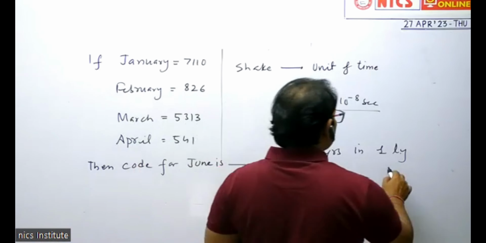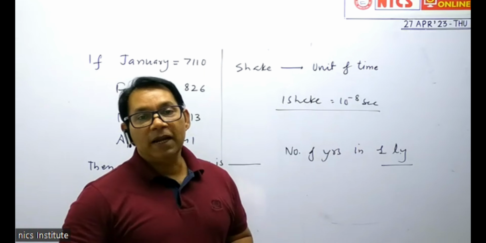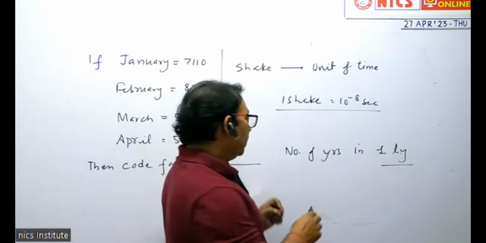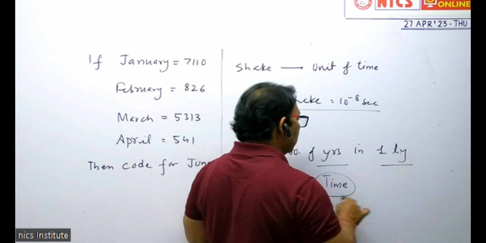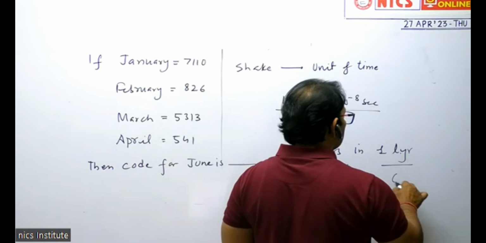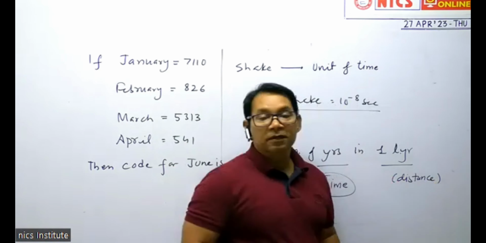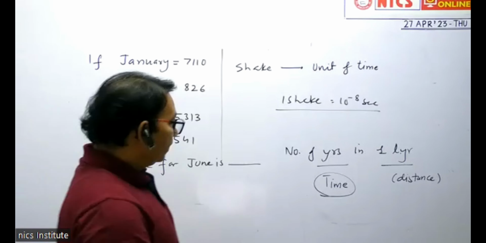And light year is unit of distance. Distance covered by light in 1 year is one light year, whereas year is the unit of time. There's no relation between them. Year is unit of time, light year is unit of distance.